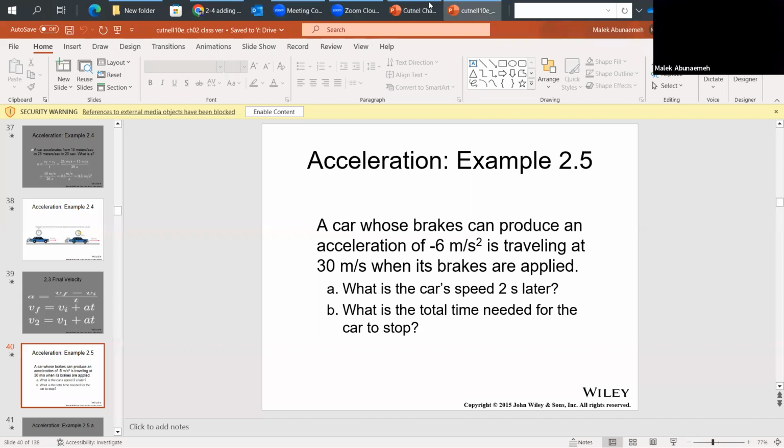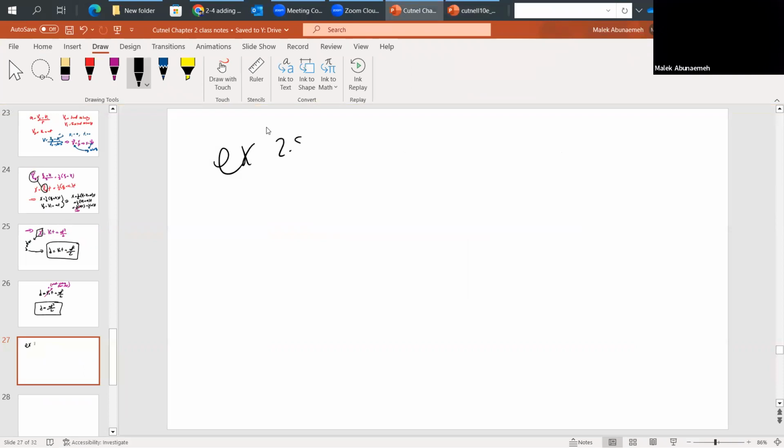Okay, example 2.5. Our first piece of information is your acceleration, which is minus 6 meters per second squared.